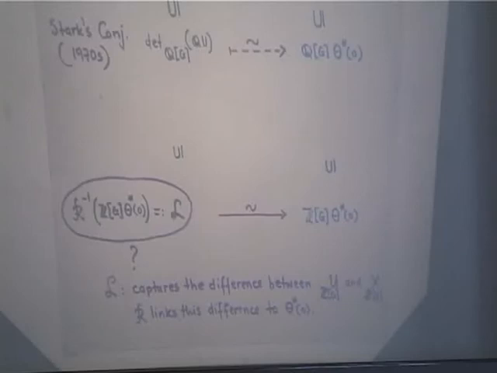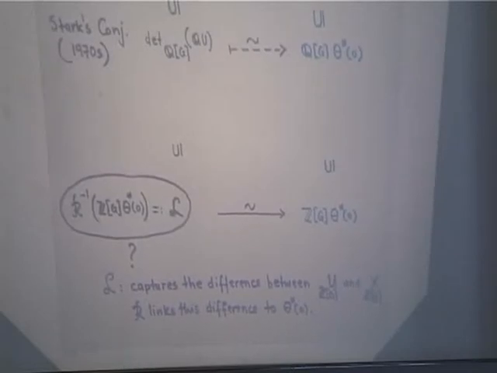So this is what L is supposed to do, to capture this difference between these two Z bracket G module structures. And then the regulator R is supposed to tell you that the difference is in fact hidden in this special value of your G equivariant L function. So really the regulator links the difference to the special value, theta star of 0.